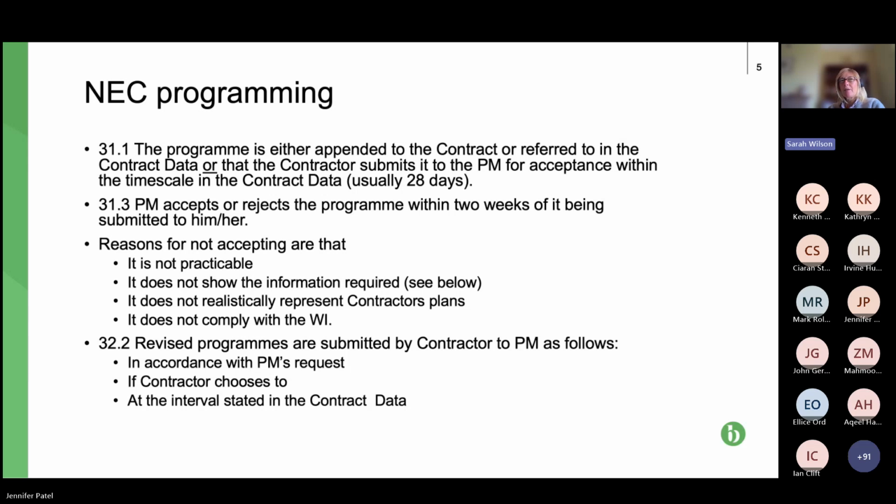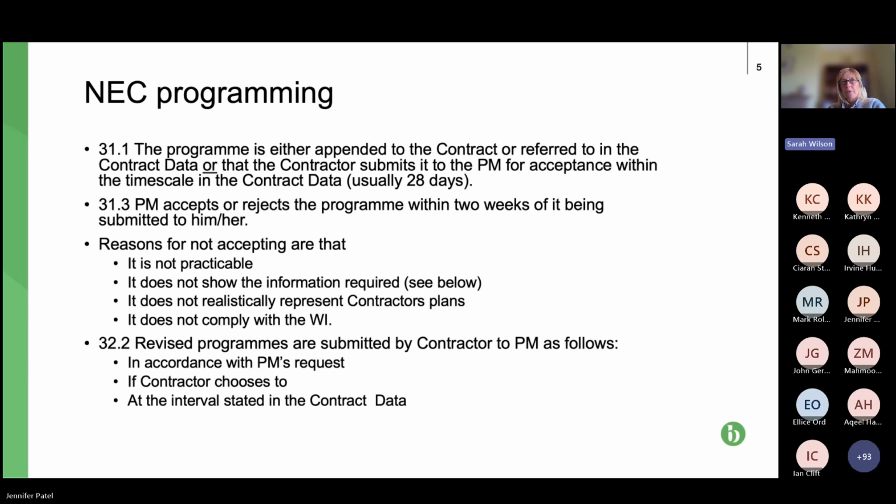As you'd expect, they either accept it or reject it. They've got 2 weeks to do that, and there are certain reasons for not accepting the programme. So the project manager can't just say it's not accepted. They've got to give reasons, and it's got to be one of the ones in the contract.